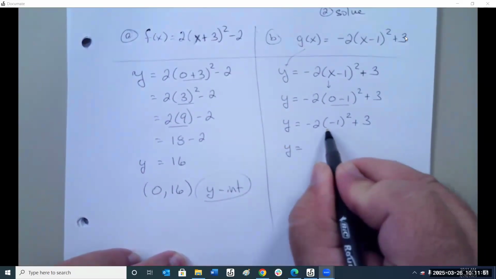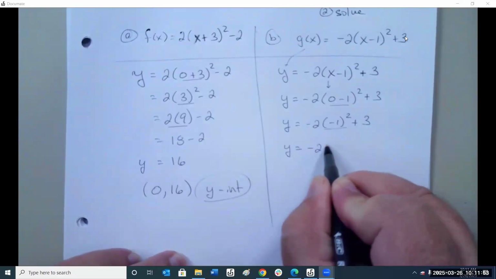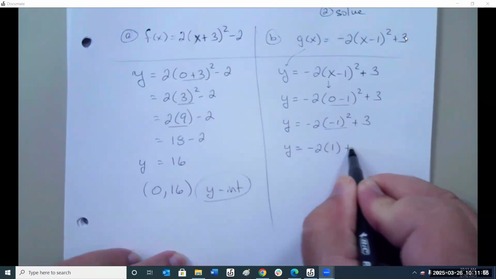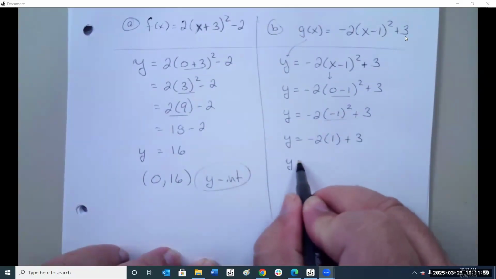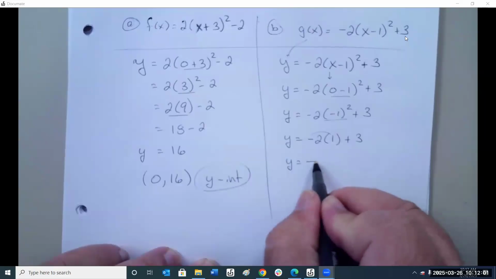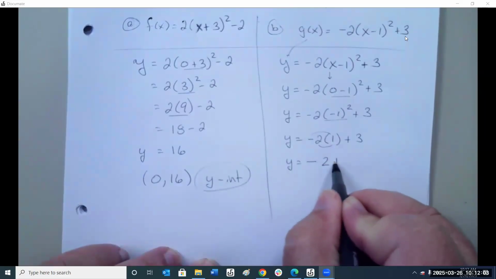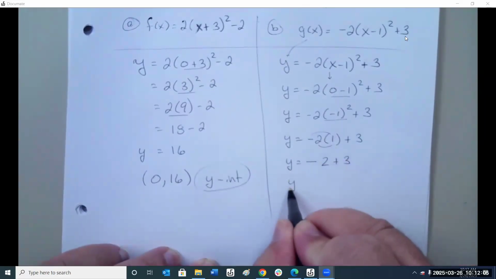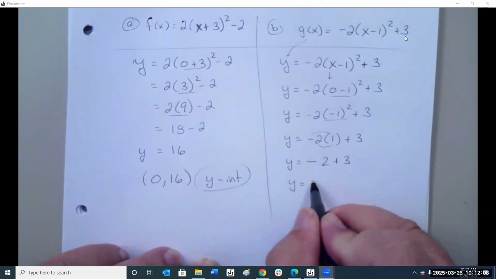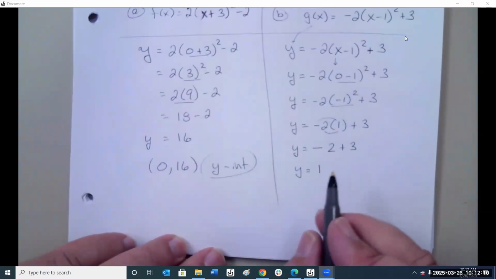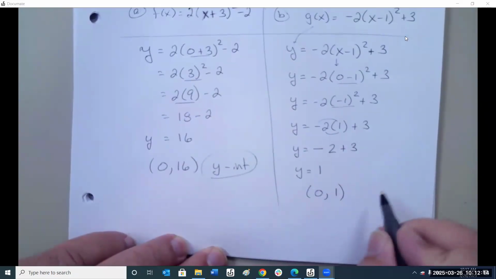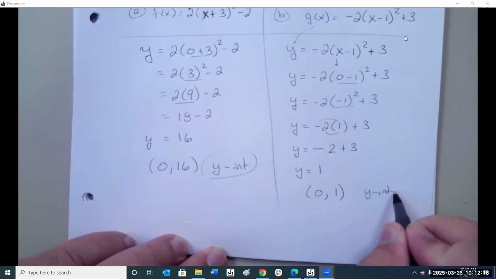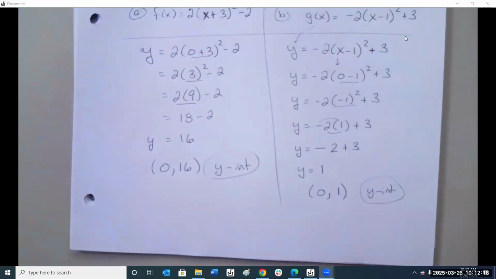Order of operations, -1 squared is +1. Negative times positive is negative. 2 times 1 is 2. -2 plus 3 is +1. So my y-intercept is at 0, 1.